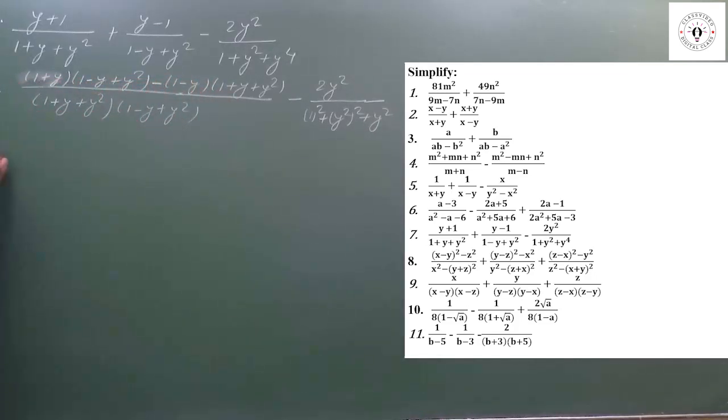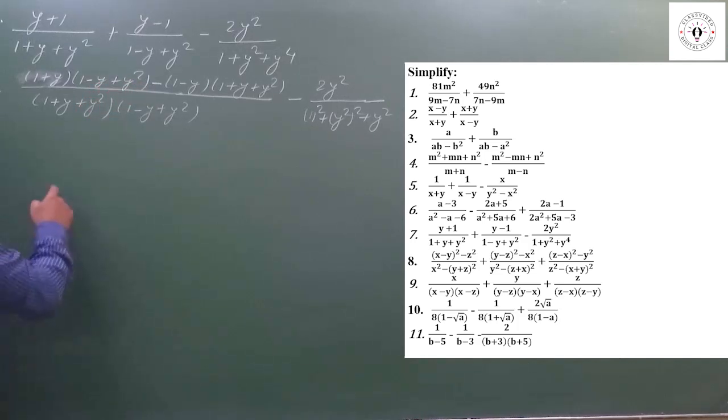Now look here, if you suppose 1 as a and y as b, then this is in the form of a + b. a² means 1², which is 1, minus ab means 1 into y, minus y, plus b² means y².